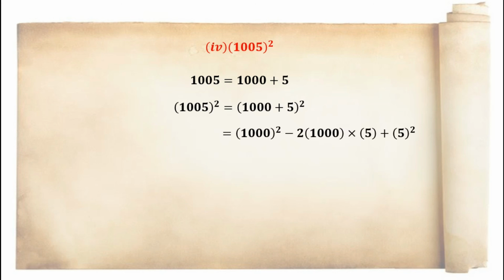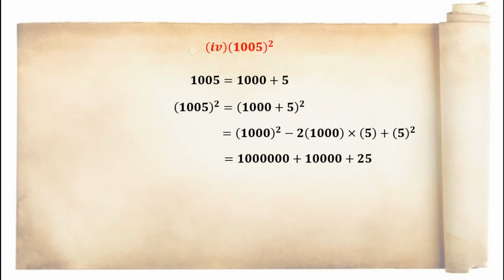So 1000 raised to 2 plus 2 into 1000 into 5 plus 5 raised to 2. 1000 raised to 2 is equal to 10 lakhs, and 2 into 1000 is equal to 2000, and 2000 into 5 will be 10,000.